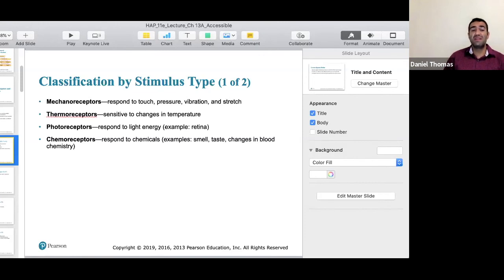This is mainly anything that is going to respond to chemicals. Now, cells can receive chemicals from other cells and change behavior. But also things like smell and taste are other examples of chemoreceptors. Now, many people say, well, when you wear a mask, you can still smell things.